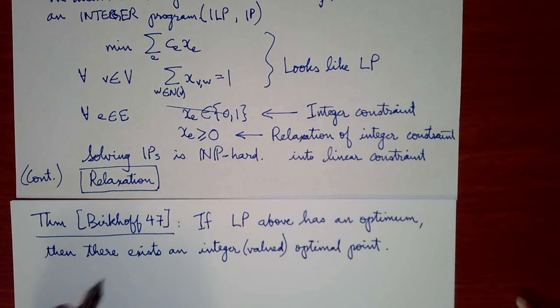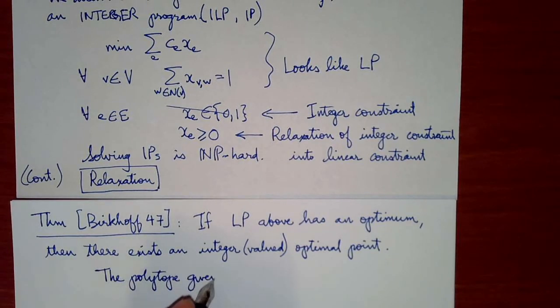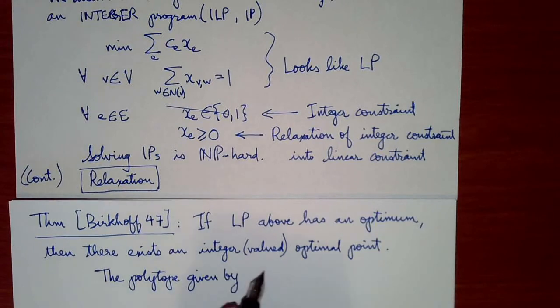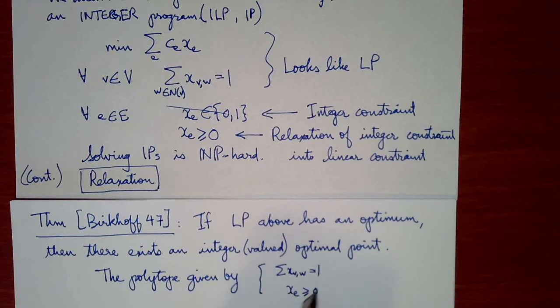And this is also referred to, and I will discuss this more in further lectures, but I'm just going to write this out over here and we can discuss this later. That the polytope given by these constraints, the summation x_vw is equal to 1 and x_e is greater than or equal to 0, this polytope is integral.